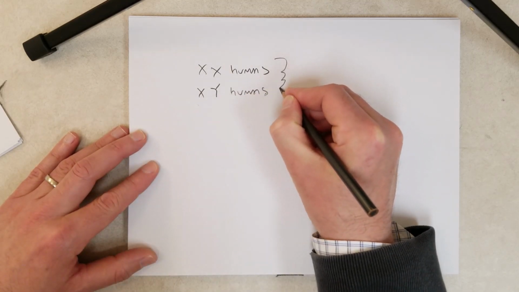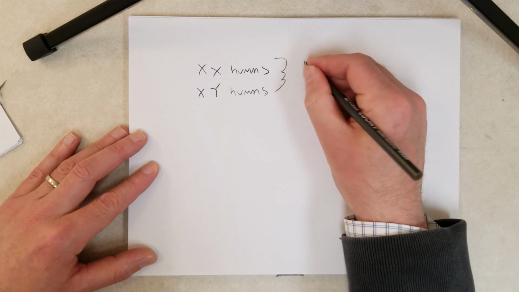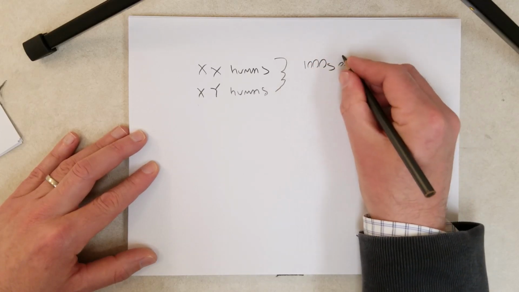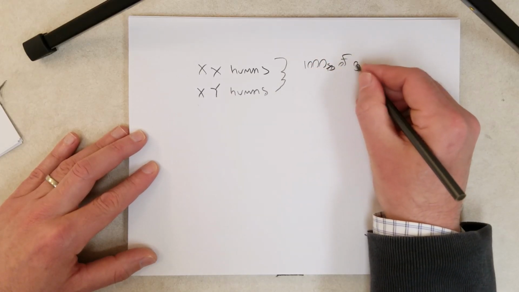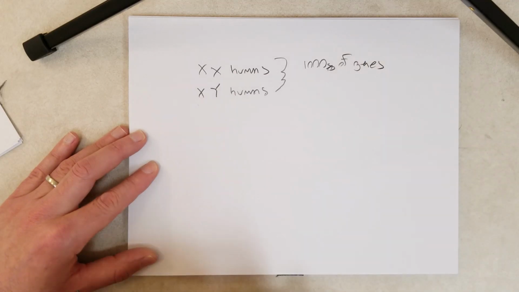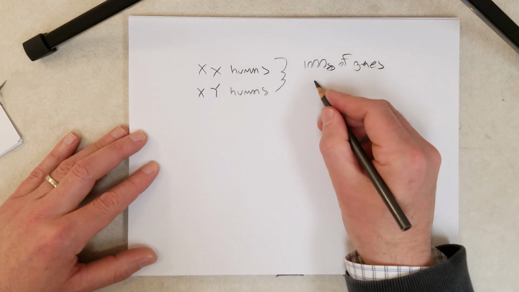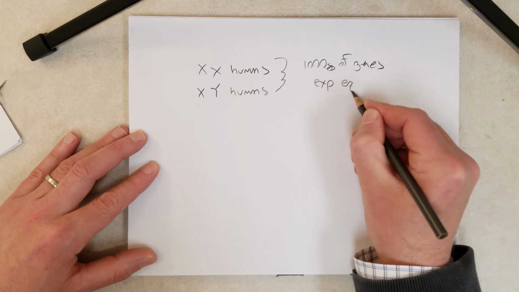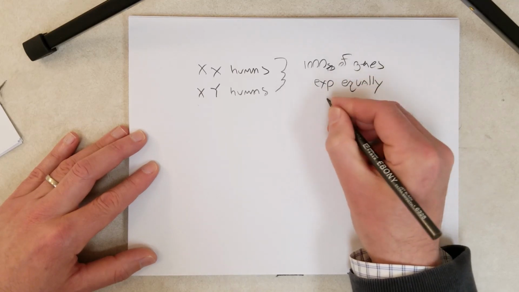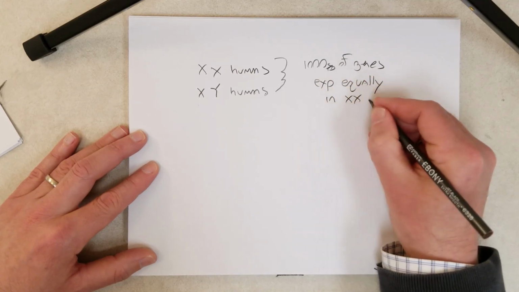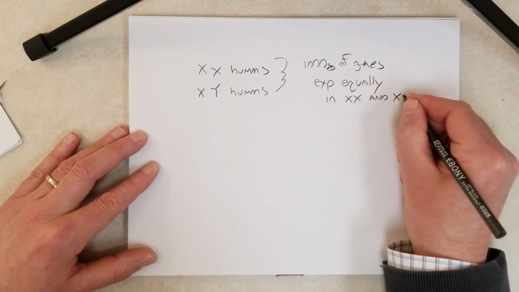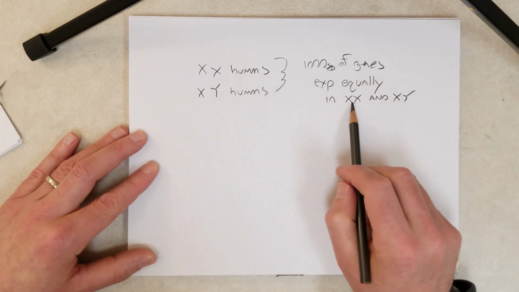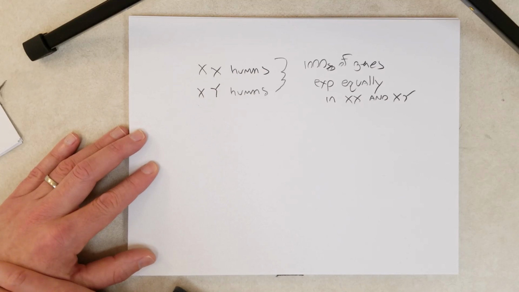And it seems that of the 1,000 or so genes on the X chromosome, it is important for most of those to be expressed approximately equally in XX and XY humans, so genetic females and genetic males.